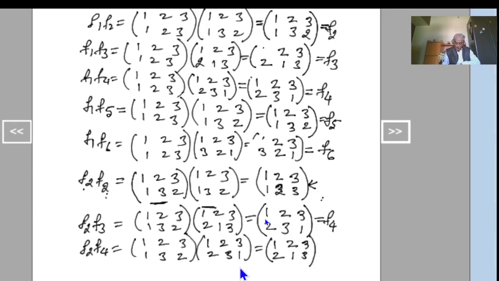This is our 2, 1, 3. What is 2, 1, 3 here? I think it is F3. So like this we can find the product of two permutations. Okay. So this is how we can find the product of two permutations.